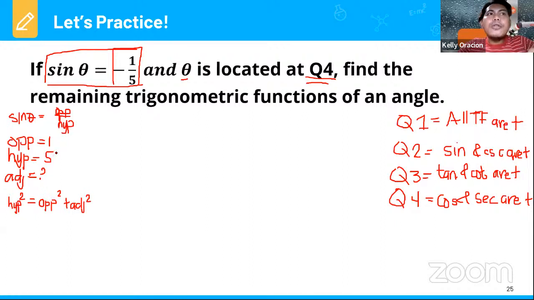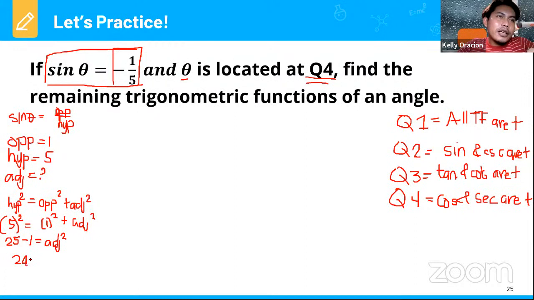The hypotenuse is 5, the opposite is 1. So 25 minus 1 is equal to adjacent squared, and that's 24. Extract the square root.